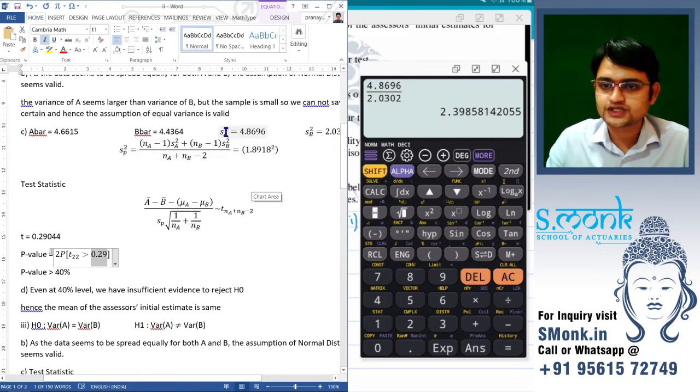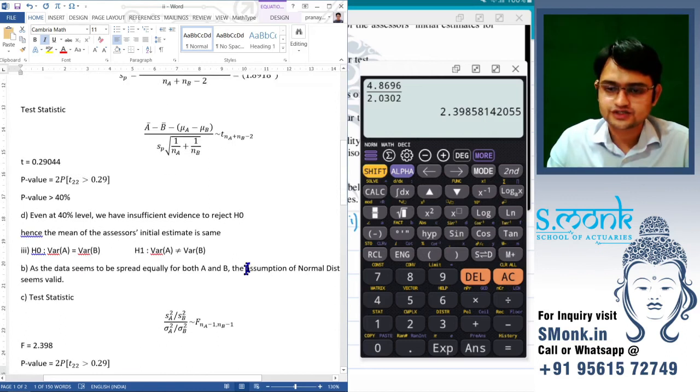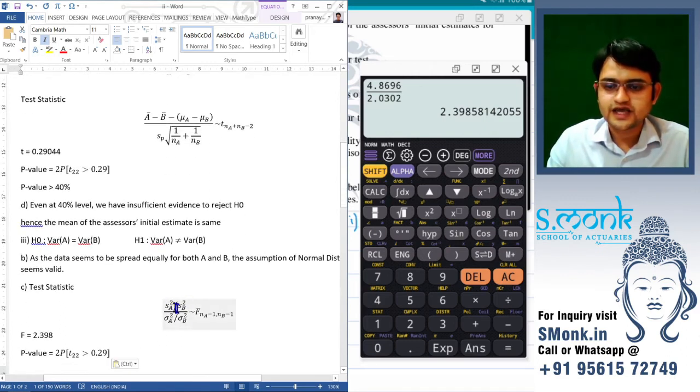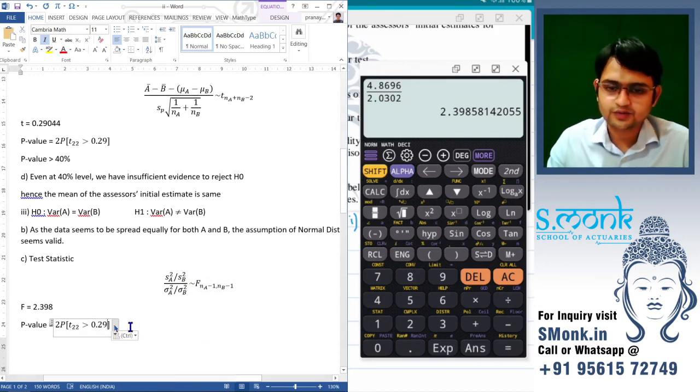So you just have to make sure that you are taking the larger value first. You could have written this as SB square upon SA square upon sigma B square upon sigma A square, and then here we would have NB minus 1 comma NA minus 1. So you'll have to remember the degrees of freedom properly.